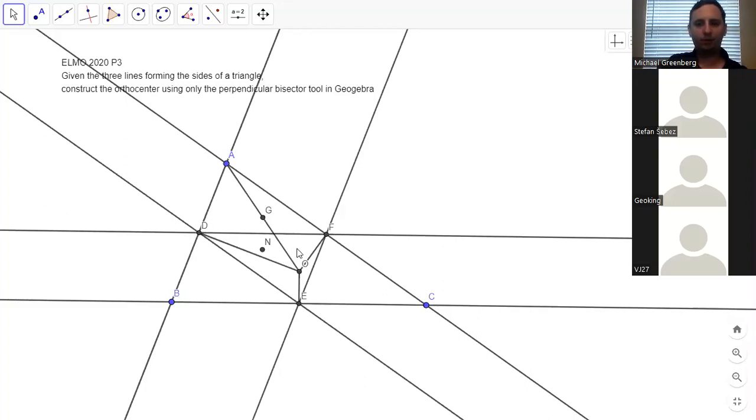I wonder if there's some relationship between H. Yeah, if we can draw the antipode of A, that would solve it. But that would require reflecting A over O. I wonder if we drew all the orthocenters and 9-point centers of these 4 triangles, if there would be any sort of relationship between that and the orthocenter of ABC.